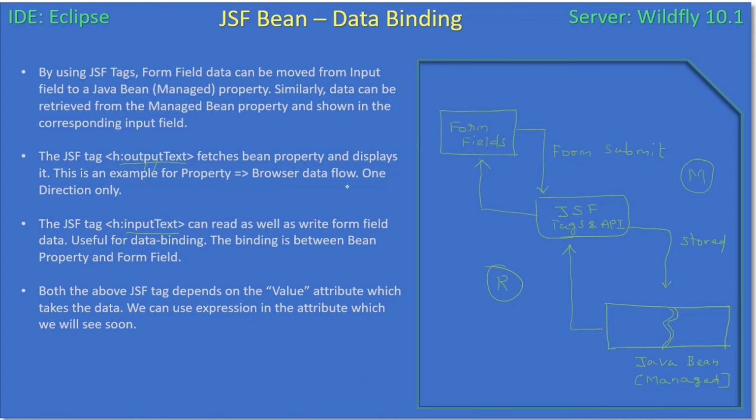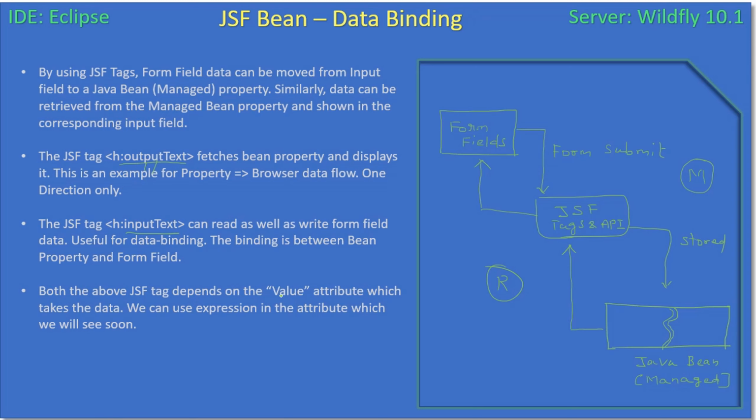So both the above tags, output text as well as input text, depend on the value attribute, which takes the data. This is where we can use the expression and tie an internal variable or bean. So value is the important attribute on input text as well as the output text.